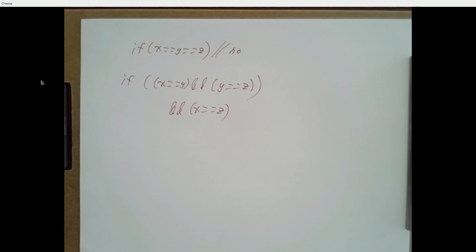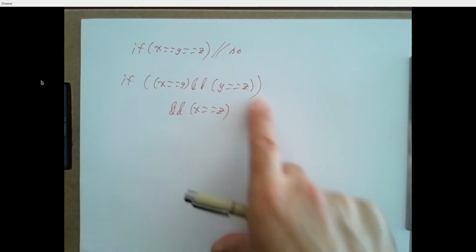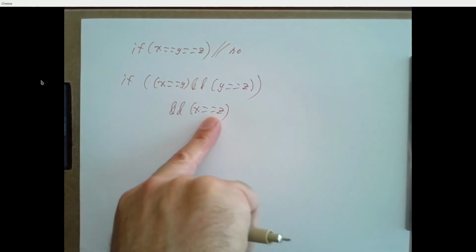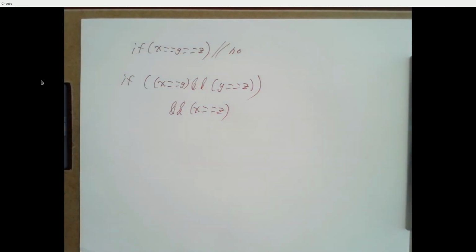Right, there's a transitive property for equality. So if x equals y and y equals z, then we know that x is equal to z. But if that feels more complete, I'm okay with that. But not strictly necessary. Gotta have 2 equal signs, not 1. With 1 equal sign, Java will actually throw an error, C doesn't.